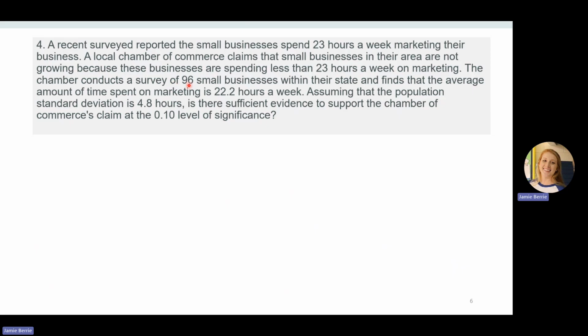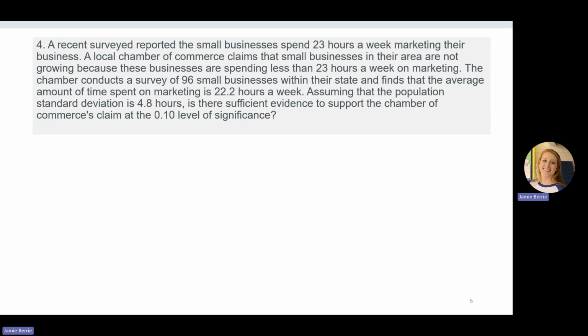The chamber conducts a study of 96 small businesses within their state and finds that the average amount of time spent on marketing is 22.2 hours per week. Assuming a population standard deviation of 4.8 hours, is there sufficient evidence to support the Chamber of Commerce's claim at the 0.10 level of significance?